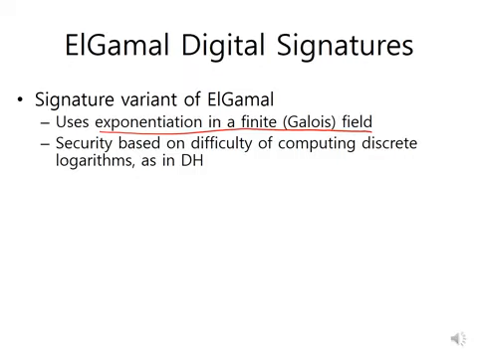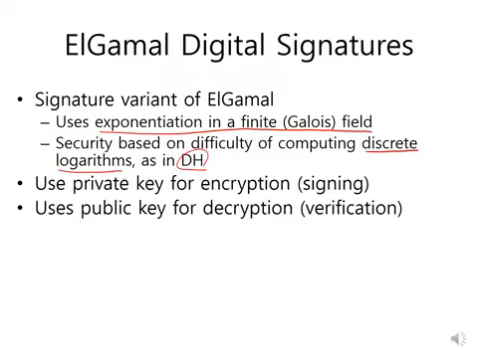And its security is based on the difficulty of computing the discrete logarithm problem, as in the Diffie-Hellman protocol. In the ElGamal data signature algorithm, we are using the private key for the encryption. Also, we are using the public key for decryption. The encryption under the private key means the signing, and decryption under the public key means the verification.